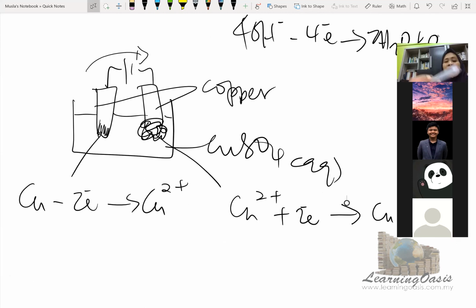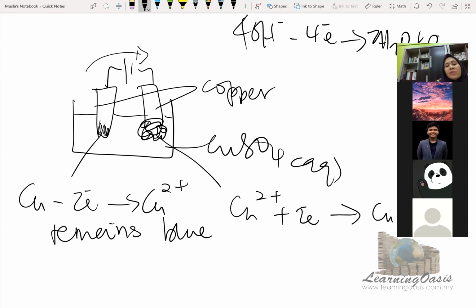Blue. Remains blue. Why does it remain blue, Balkis? The rate of reduction of copper ions to copper atoms is the same as the rate of copper atoms oxidizing to become copper ions. So here, why does it remain blue?